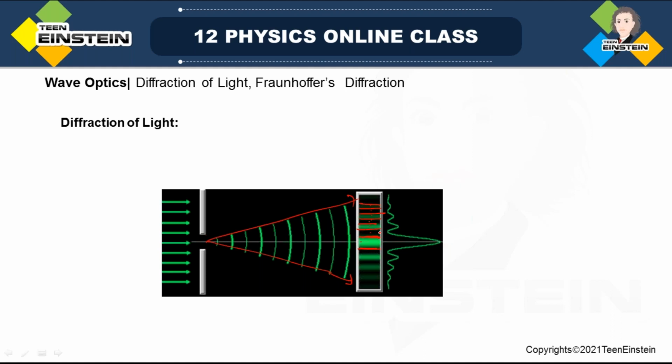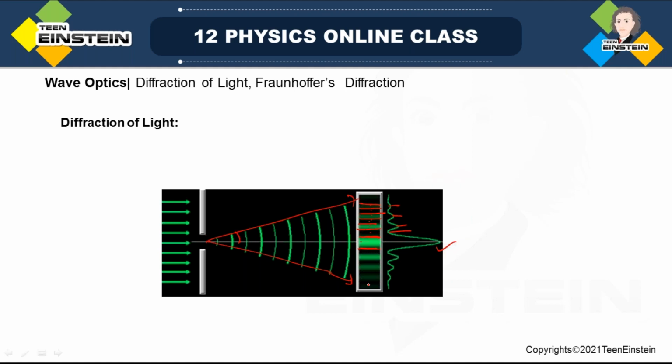If you plot the intensity with respect to various angles, you will see the intensity for the middle part is maximum. This is called the central maxima, and then the minima, the dark region. Then these are called secondary maxima.